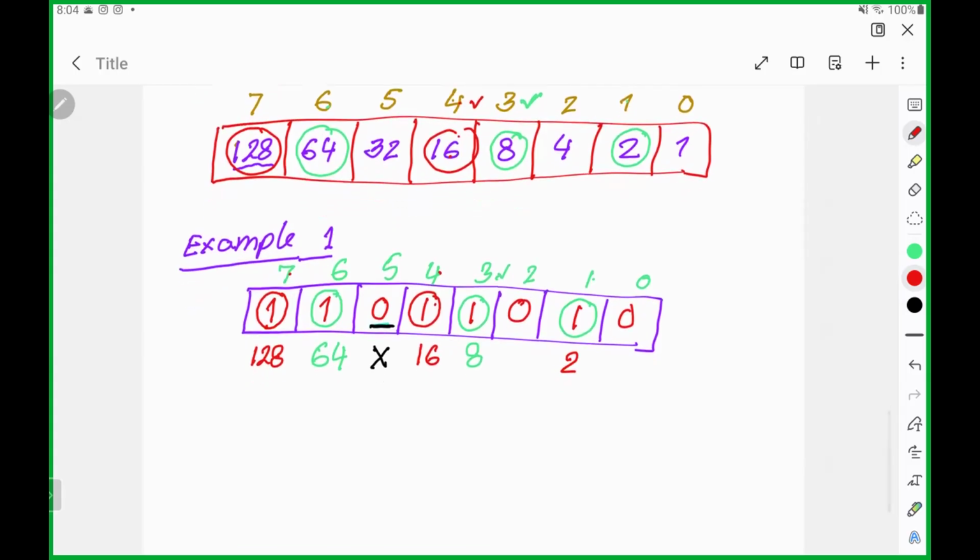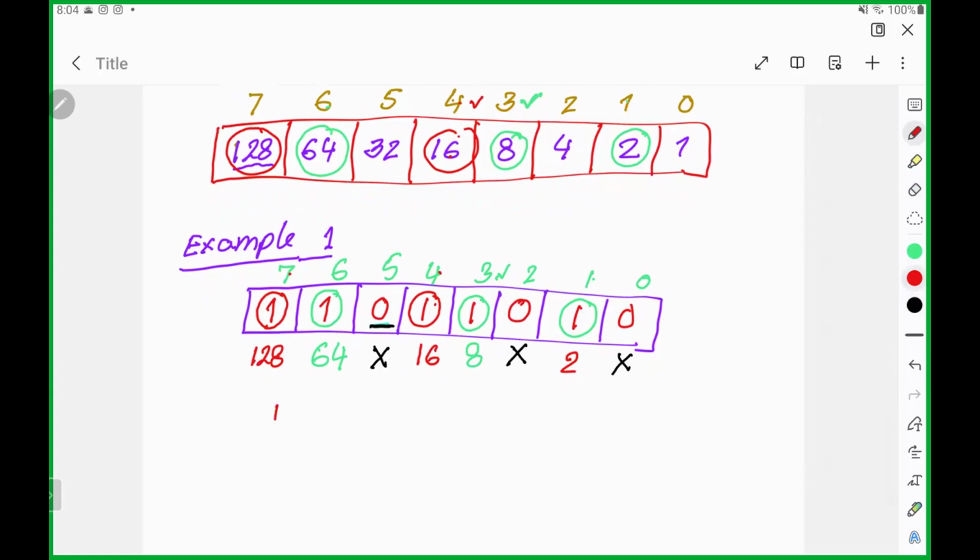So I have found all the numbers except the 0. I don't need to care about zeros. Now the decimal number will be the sum of them.